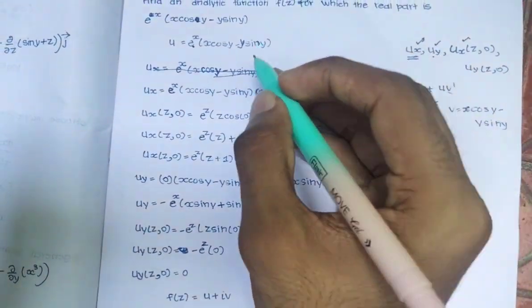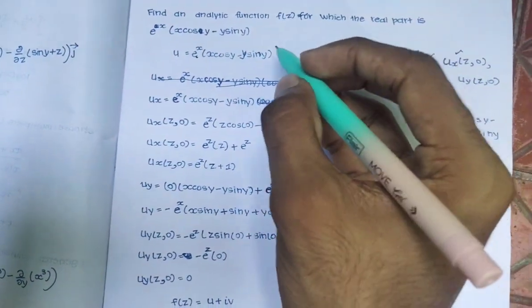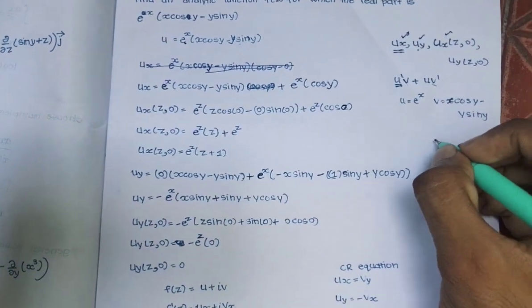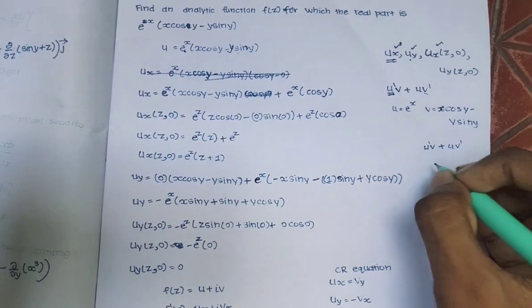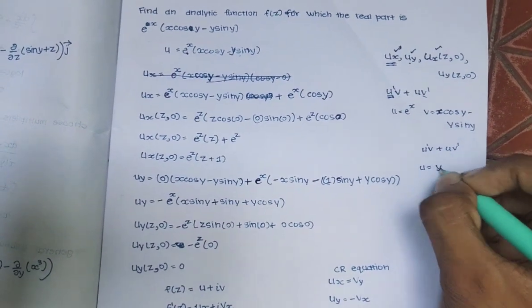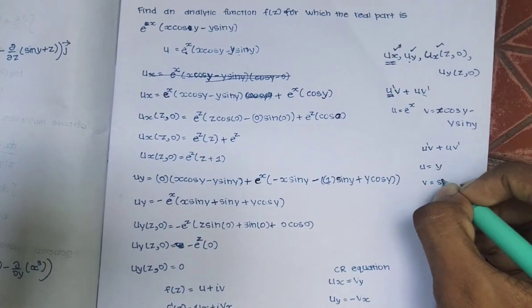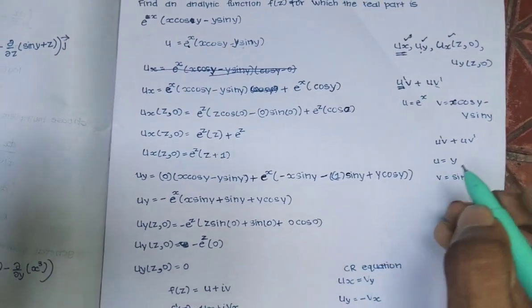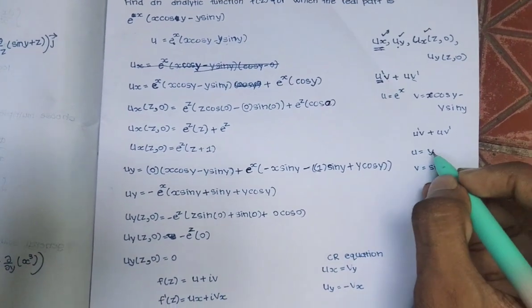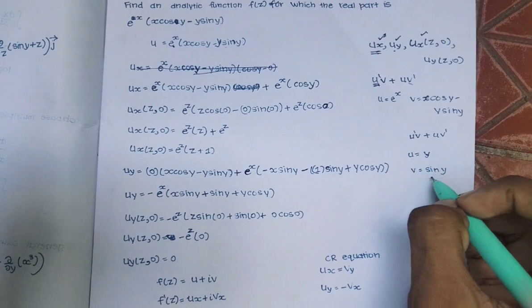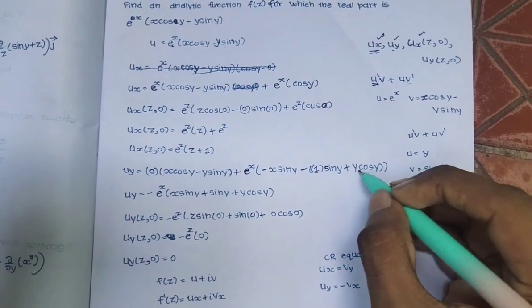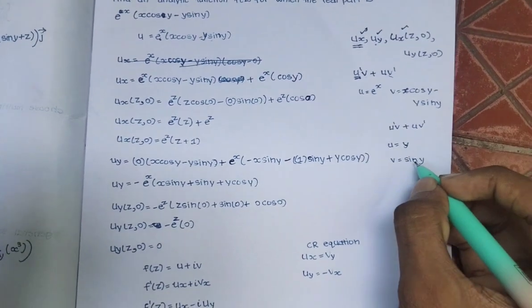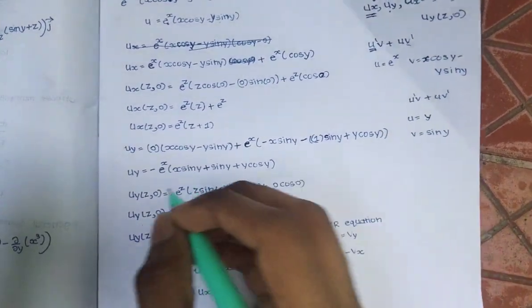Now we again use the uv method for y sin y. Here u is y and v is sin y. The derivative of y is 1, v as it is, plus u as it is, y, and v' the derivative of sin y is cos y.